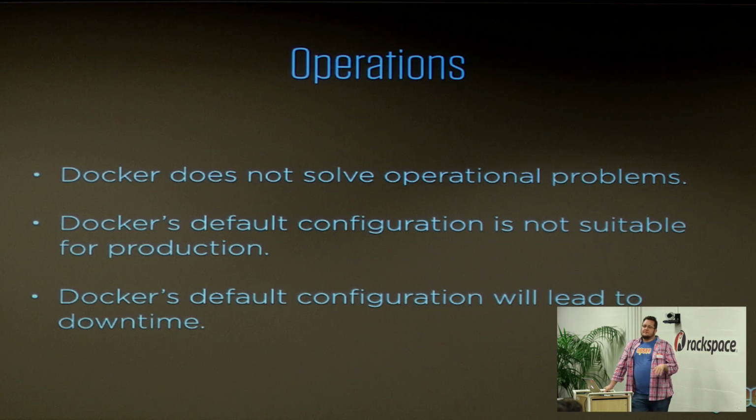So Docker, while supposedly being a panacea for developers and operations people and making it simple for everybody to do everything, fails to, by default, do anything responsible on a system. It doesn't solve operational problems. Its default configuration is absolutely not suitable for production. And its default configuration will continuously lead to downtime indefinitely.